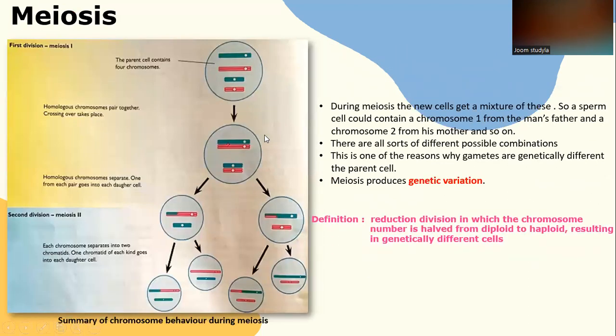On the left-hand side are the meiosis stages. You can see that for the first division, the parent cell contains 4 chromosomes.